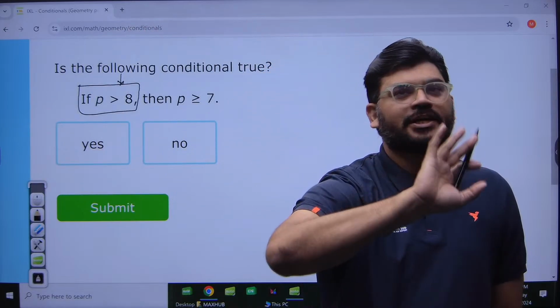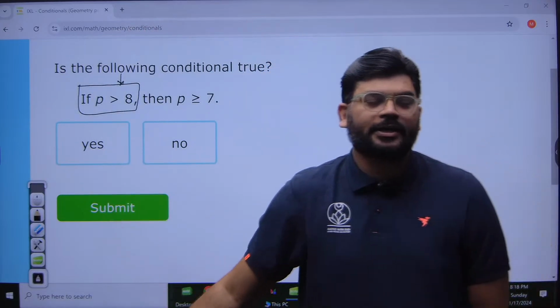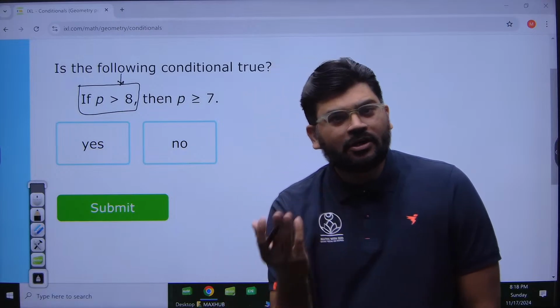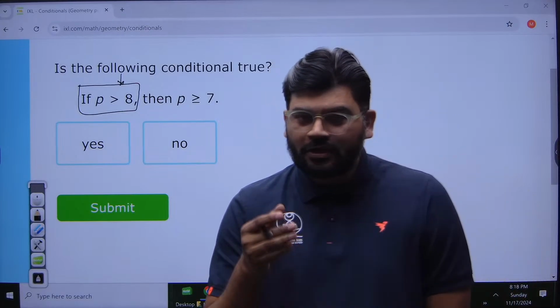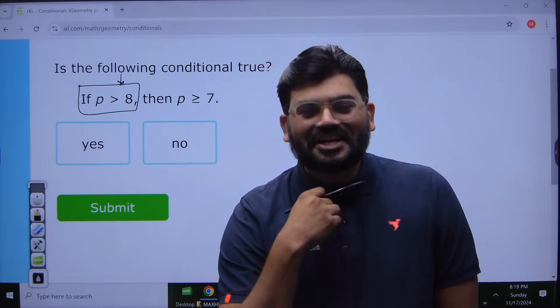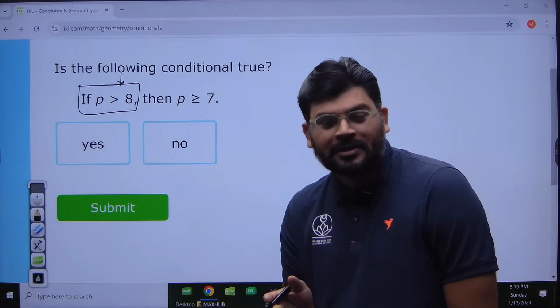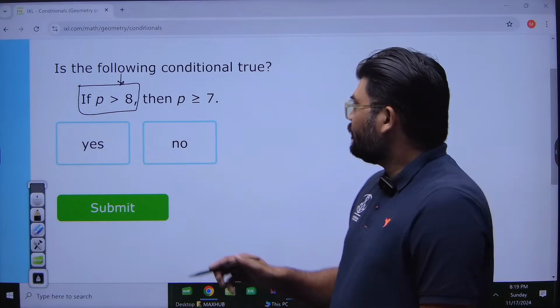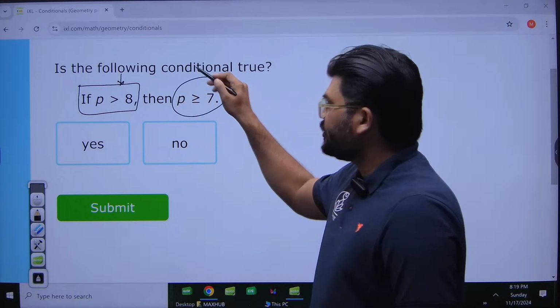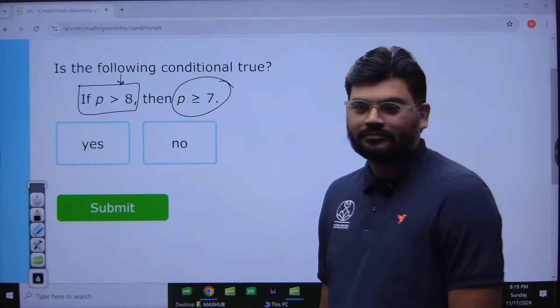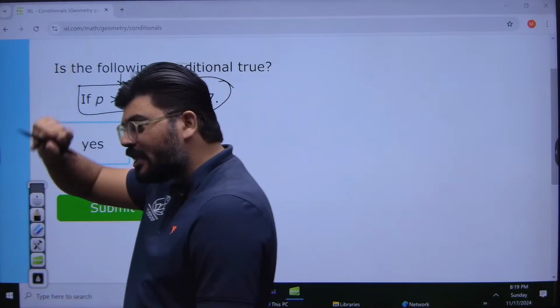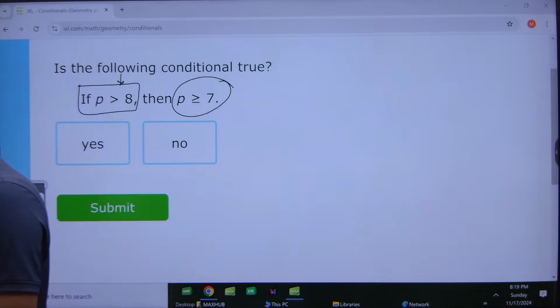This is your first condition. Are you getting it? The condition is you can't think of a number which is equal to 8. You have to think of the number which is always greater than 8. Now, among those numbers, tell me a number which does not follow this condition. A number which is greater than 8 but not greater than 7.